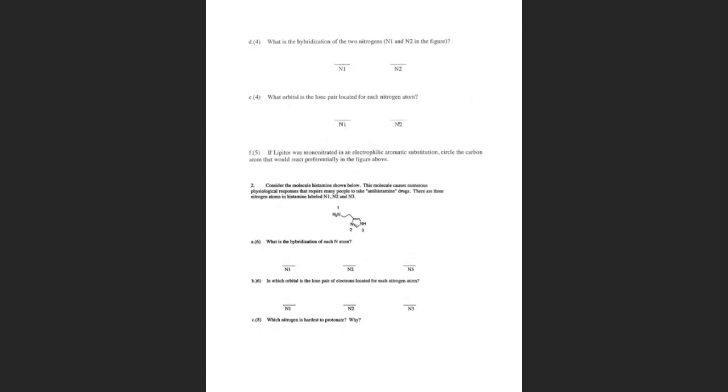So I just want y'all to see that N2 and N3 are both sp2. N2 is sp2 because it literally has a double bond attached to it. And N3 is sp2 because it can resonate. So even though the atoms are both sp2, their lone pairs are in different orbitals. If you can resonate, then your lone pairs are in an unhybridized p orbital.